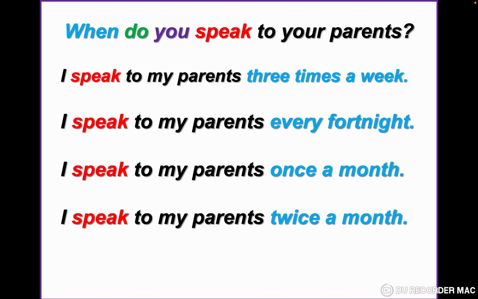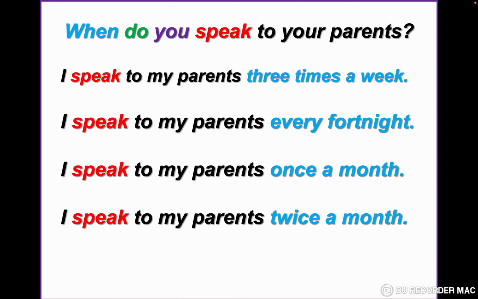I speak to my parents 3 times a week. Students, they say parents. It's not parents, parents. I speak to my parents 3 times a week. I speak to my parents every fortnight. Fortnight means 2 weeks or 15 days.